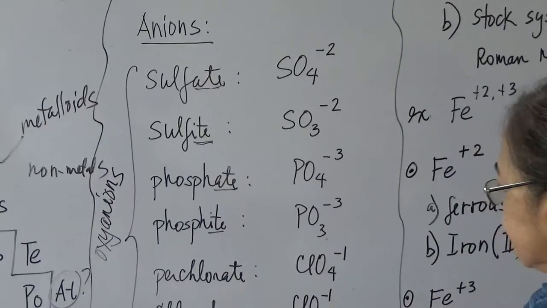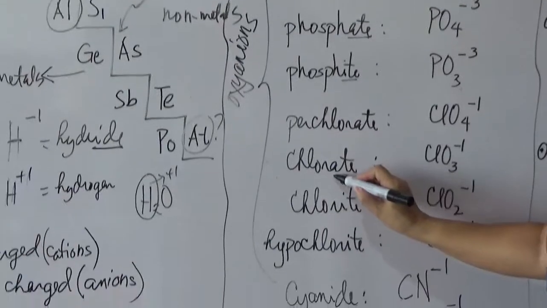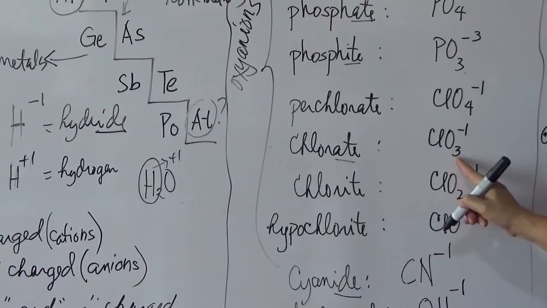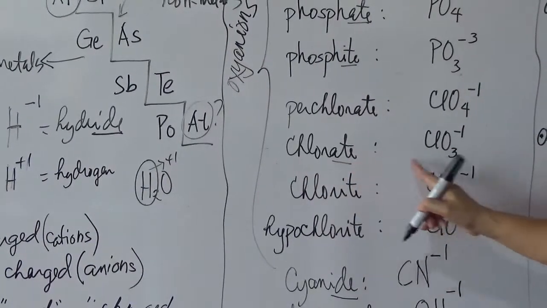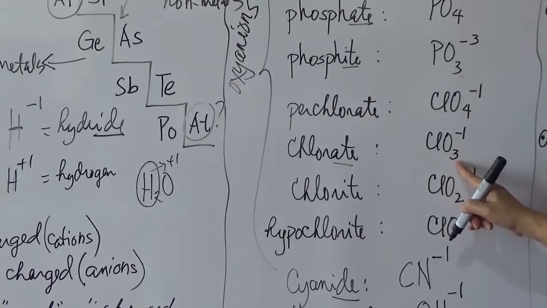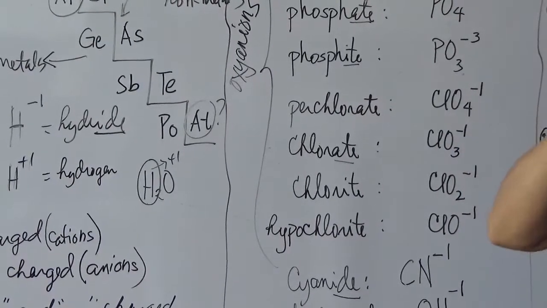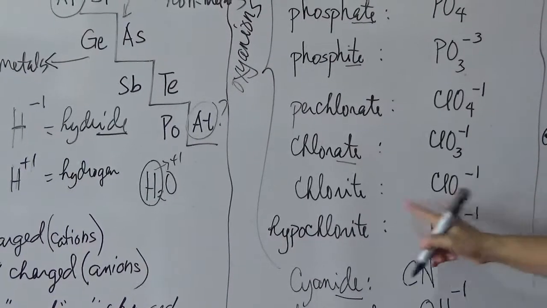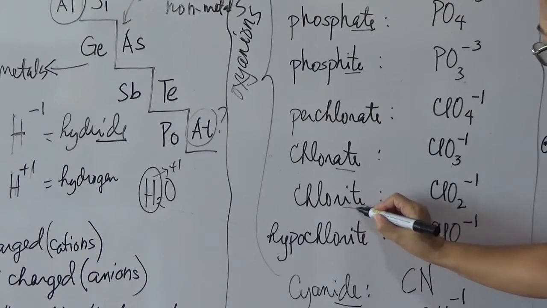For example, for chlorine and oxygen, the one that ends with ate is ClO3 -1. That is named as chlorate. So if you have ClO2 -1, it will end with ite. It's lower by one atom of oxygen, so it will be named as chlorite. Take note, chlorite.